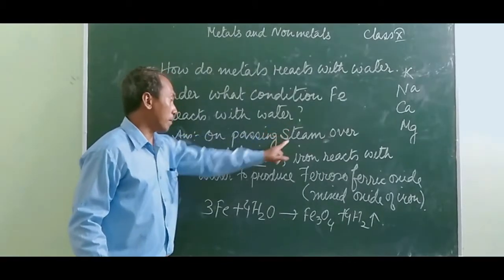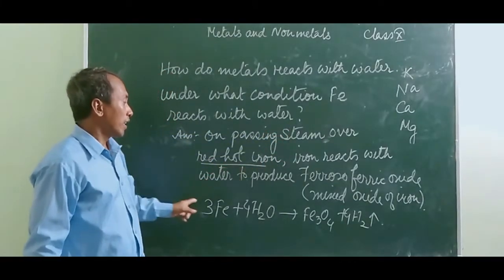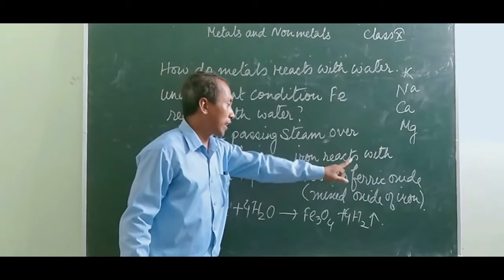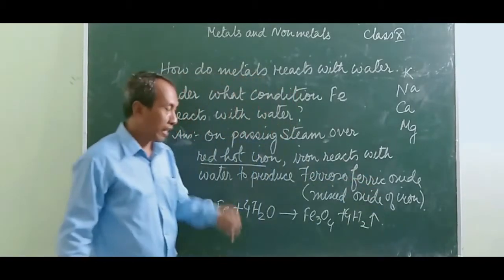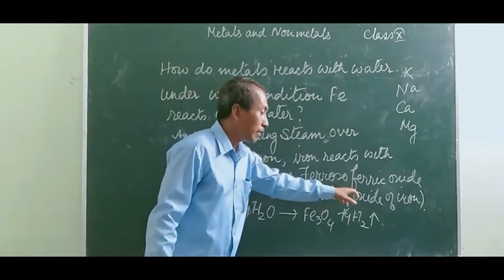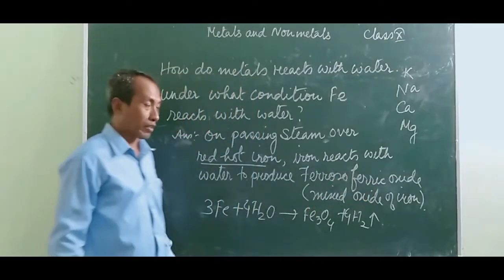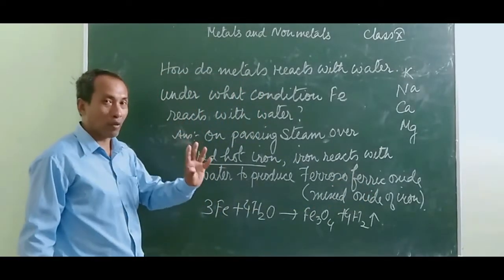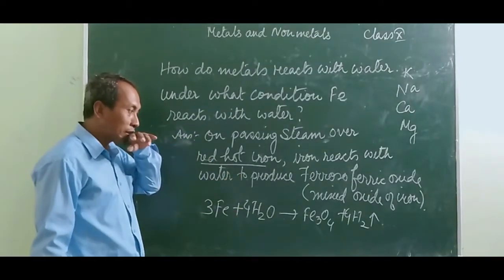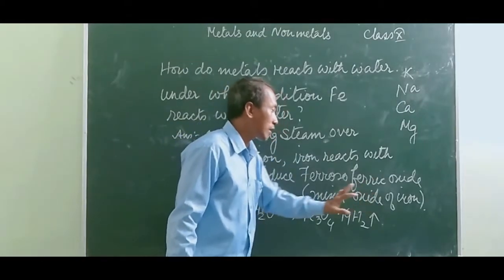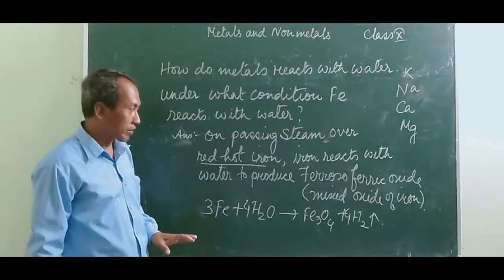When you pass steam over the red hot iron, it will produce ferroso-ferric oxide. In some books it is written ferroso-ferric oxide, and in some books it is written mixed oxide of iron. Do not get confused, mixed oxide of iron is also known as ferroso-ferric oxide.